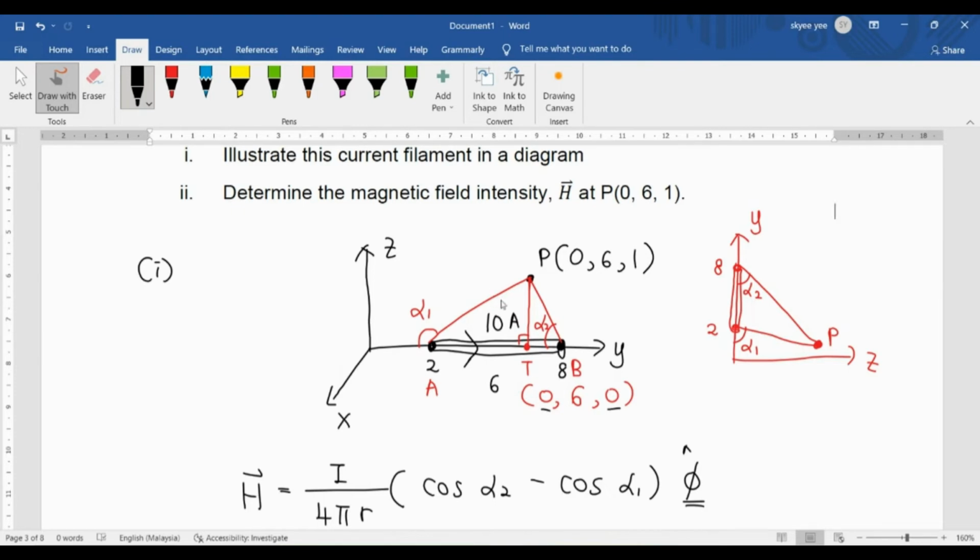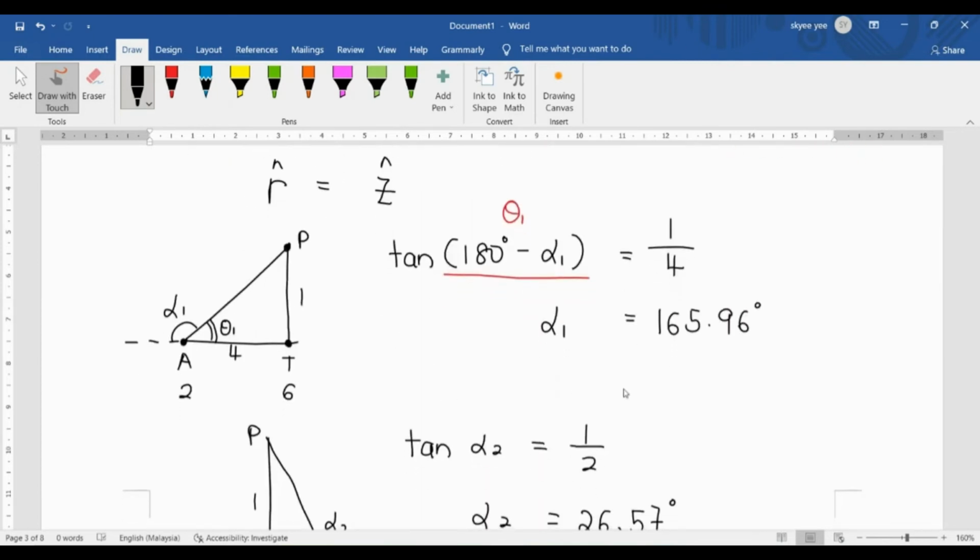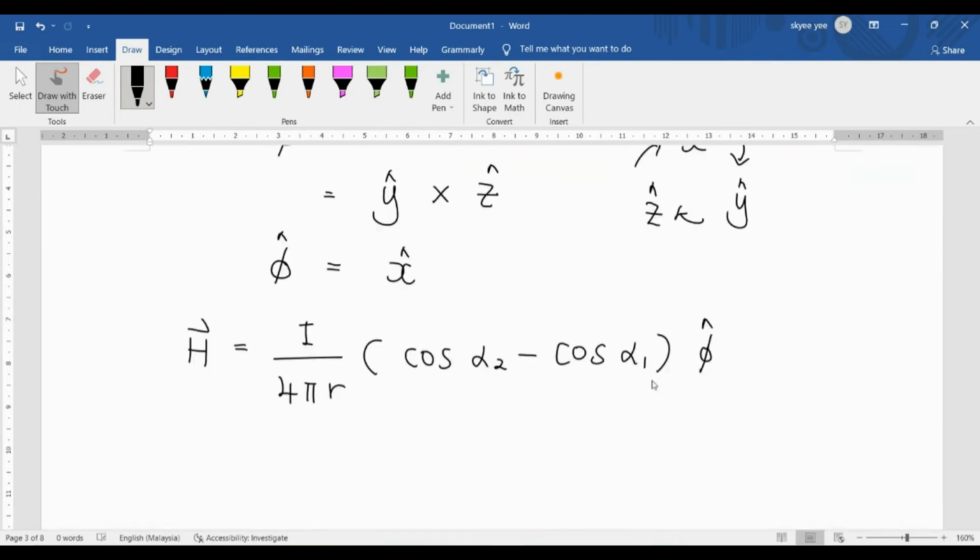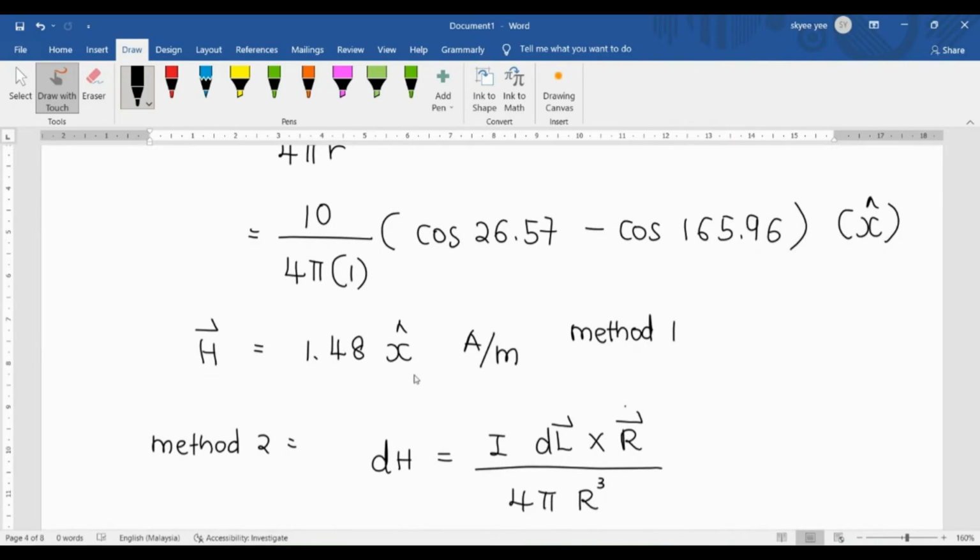When you roll your four fingers, with your thumb in the direction of the current, the fingers will be going this way, so it will be coming up out of the page. When it is coming out of the page, the symbol is this one. So it is in the positive x direction, which is the same as what you have calculated.